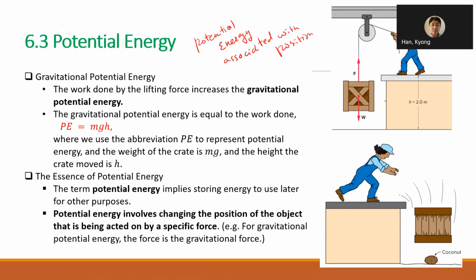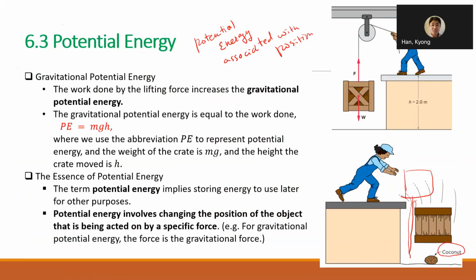If the lady is putting this heavy box in a really high place, and if she drops this box, she can crack the coconut. That means she can do work because this box has some energy. If you have energy, you can do work.